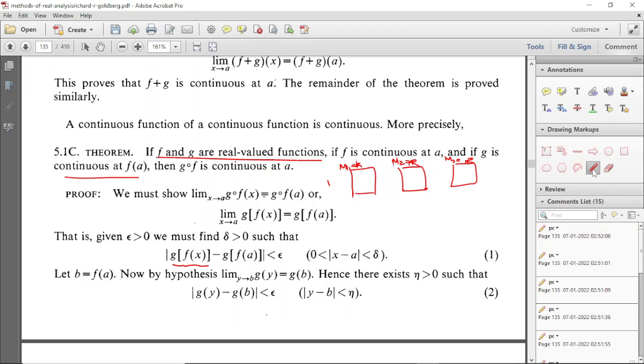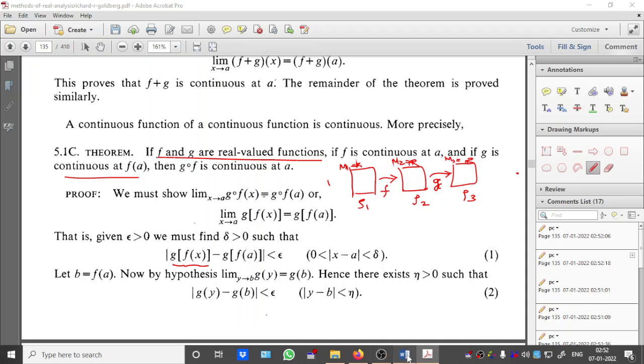This is a function f. g is a function from this set to this set. Here in this space the metric is given by rho 3. Here the metric is defined by rho 2. Here the metric is defined by rho 1. For this theorem, it is a general metric space.